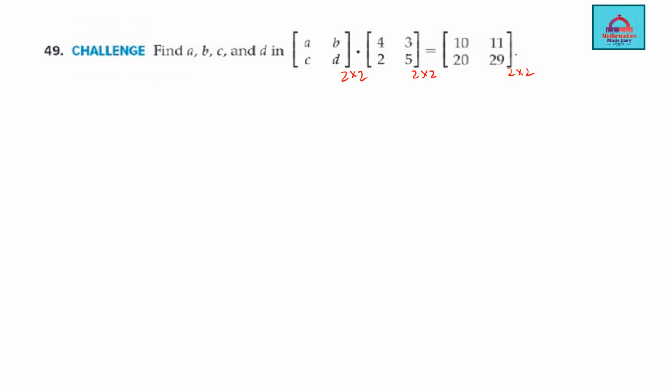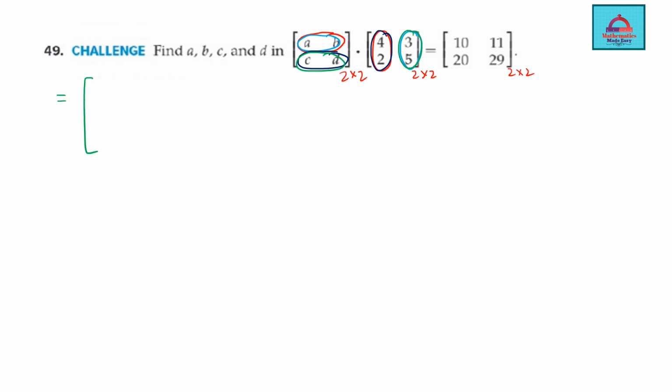So order is fine. Now when we are doing matrix multiplication, we start with the first row of the matrix and first column. Then in a similar way, the first row, second column. Then you have second row, first column, and then you have second row and second column. So that's how the multiplication is happening.